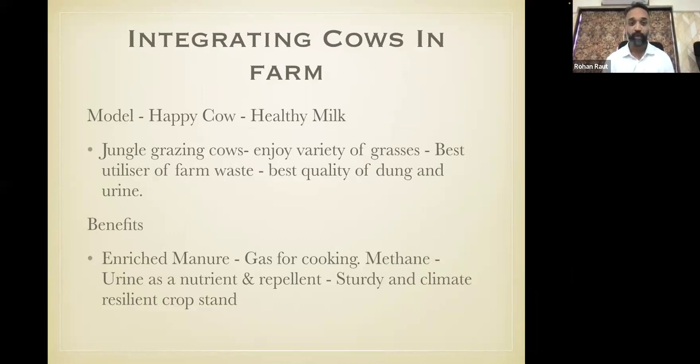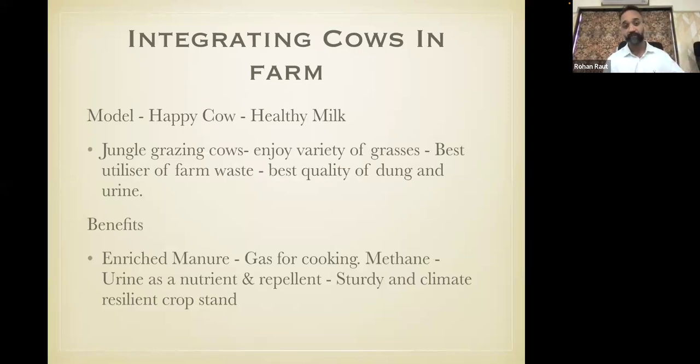As I was fortunate to have a jungle near my village, all the cows go continuously for grazing. They enjoy a variety of grasses which we as farmers cannot produce. It is a jungle with a tiger presence, so you can imagine the diversity of animals over there.